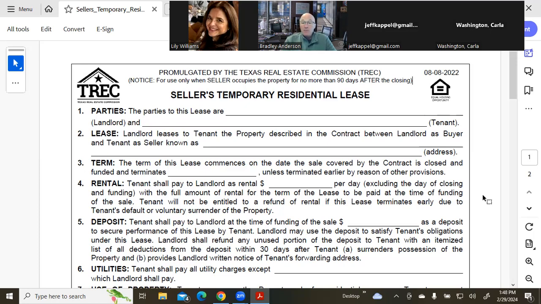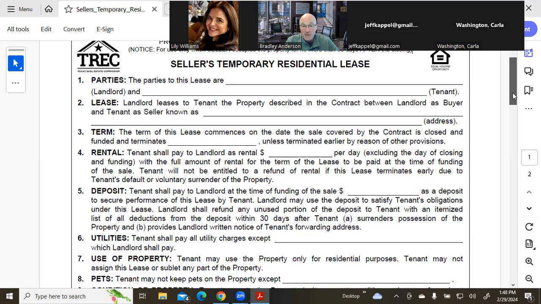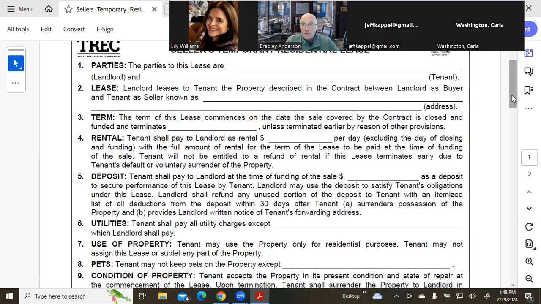And then it says, just like a typical residential lease would, a list of all deductions from that deposit is due within 30 days. So just because the seller wants their money back immediately doesn't mean you give it to them. All right. You as the buyer need to do another walkthrough when they move out and make sure that the property is in the same condition it was when you inked that contract.